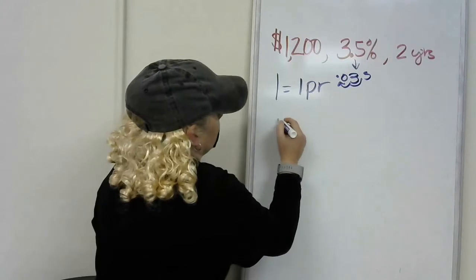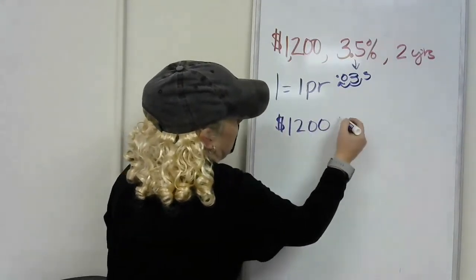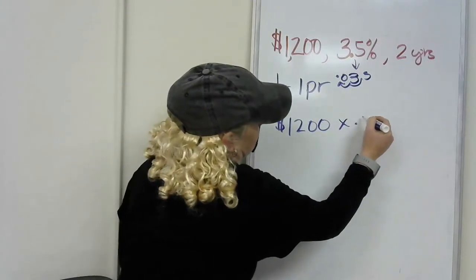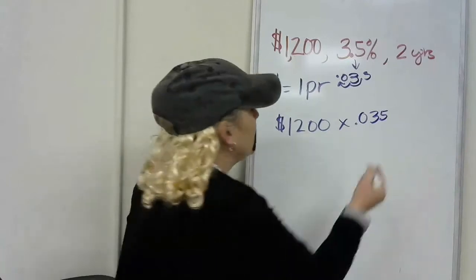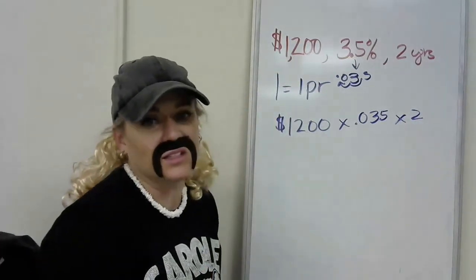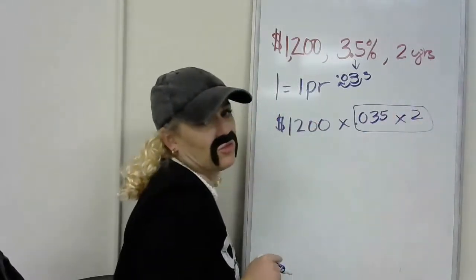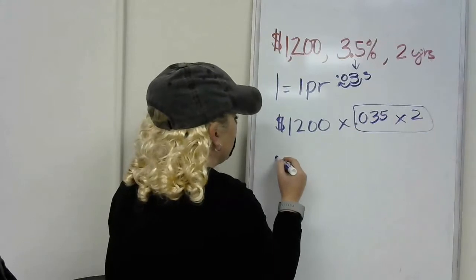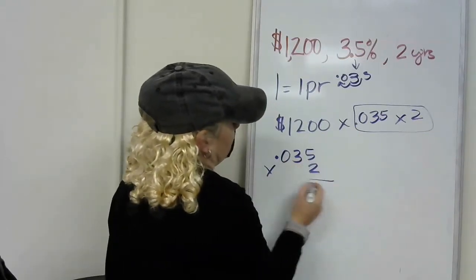So we're going to do the 1,200 times the interest, 0.035 times 2 years. This is what I'm going to do because I feel like this is easier. I'm going to multiply these two together, and then multiply it by 1,200. So we have 0.035 times 2 years.